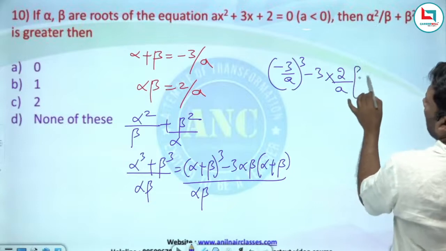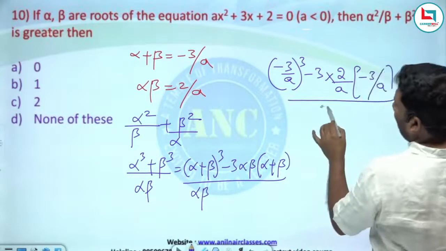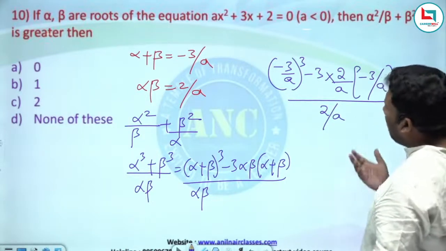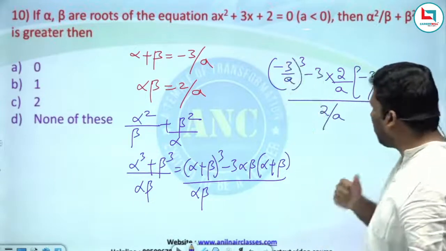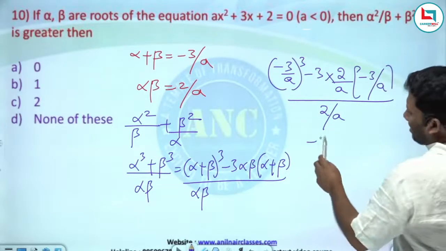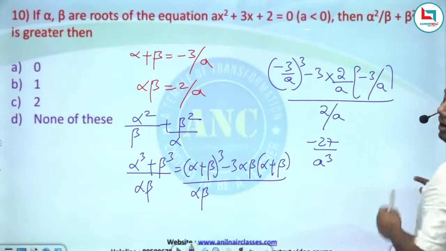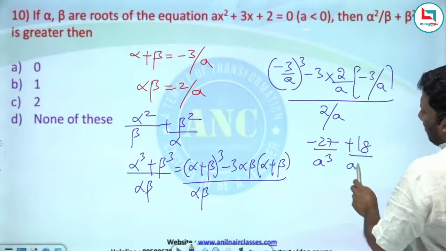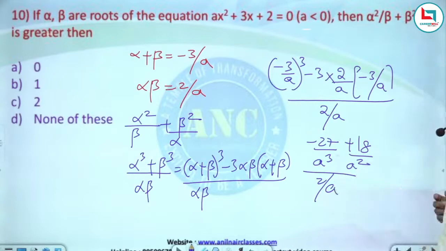Alpha plus beta is minus 3 by a, divided by alpha beta, which is 2 by a. Now, we do not even know the value of a. The value of a is not known to us. Is it getting cancelled? I don't think so. Minus 27 by a cube. Minus into minus plus, 9 2s are 18 divided by a square, divided by 2 by a. A is not getting cancelled.